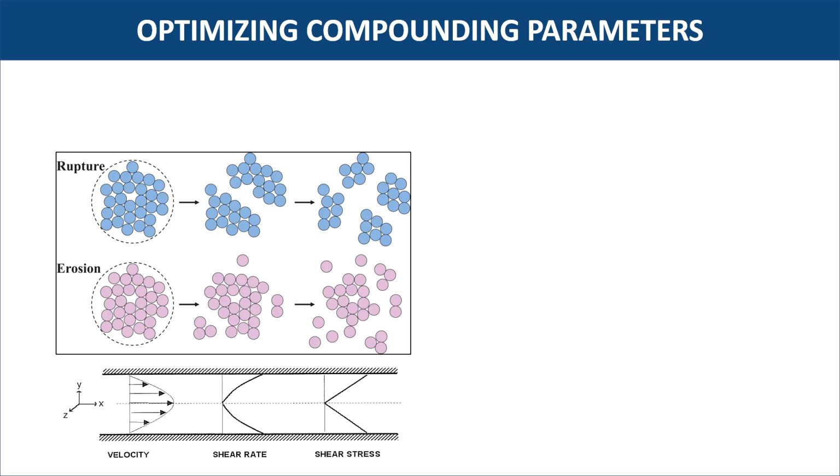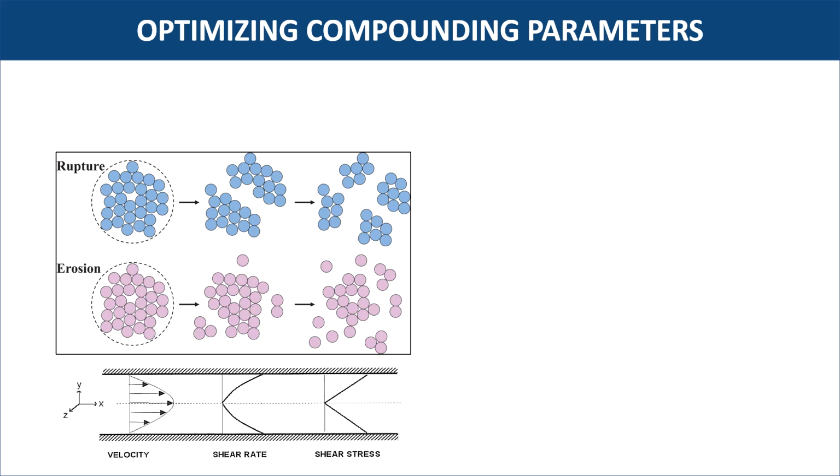Usually, lower viscosity is better. On the other hand, erosion is removal of smaller particles from the surface of a large agglomerate. The extent of erosion will depend on melt viscosity and mixing time. Here, higher viscosity is better.